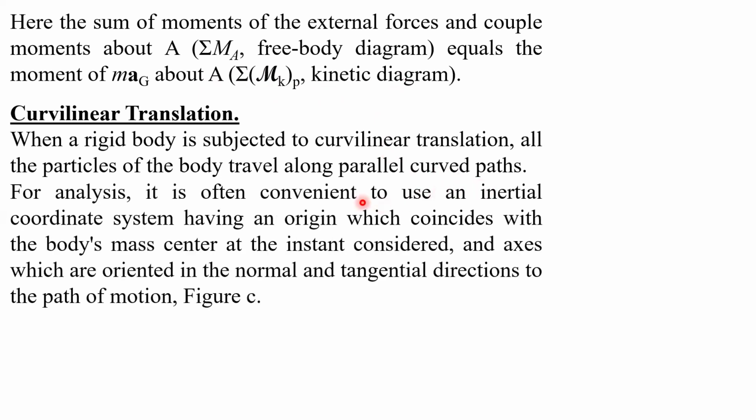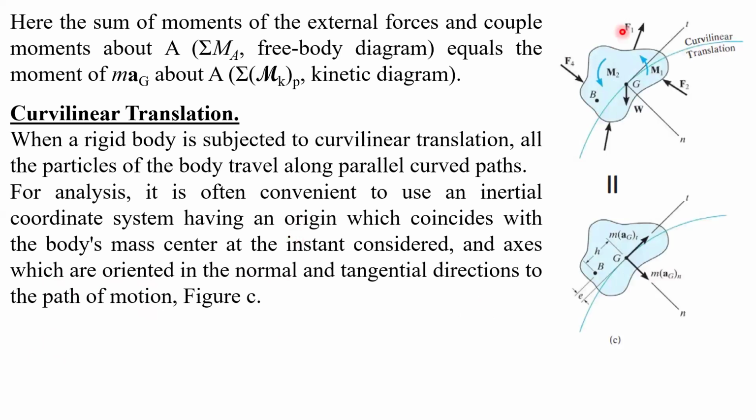For analysis, it is convenient to use an inertial coordinate system having an origin which coincides with the body's mass center at the instant considered, and the axes are oriented in the normal and tangential directions to the path of motion, as shown in Figure C. This is the tangential direction, and the normal is always directed toward the center of curvature. This is the free body diagram, while this is the kinetic diagram.